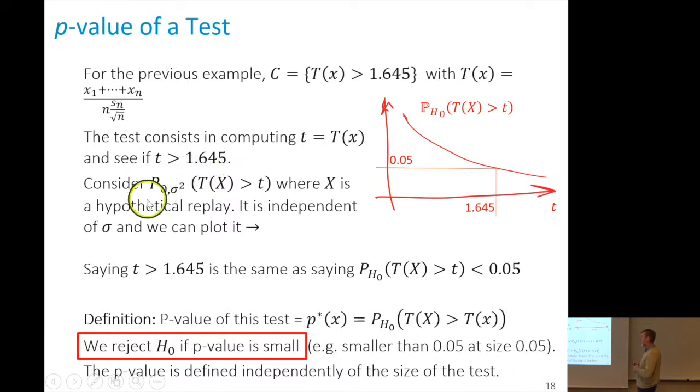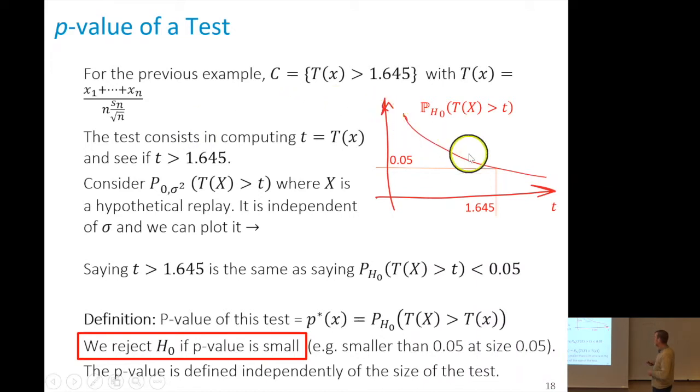Now do a thought experiment. Assume that you redo the experiment, a hypothetical replay, by drawing X from one parameter that is valid under H0. One parameter that is taken in H0. H0 means I have to specify sigma only, and I consider this probability here. Since I had a pivot, this probability here is independent of sigma squared, so I can plot it here.